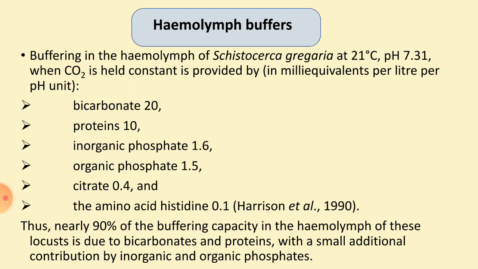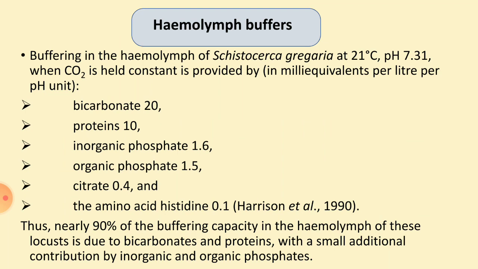When carbon dioxide is held constant, buffering is provided by: bicarbonate 20, protein 10, inorganic phosphate 1.6, organic phosphate 1.5, citrate 0.4 and the amino acid histidine 0.1.